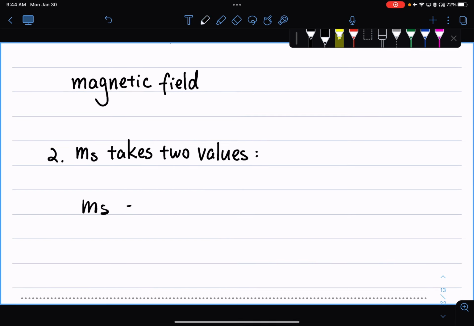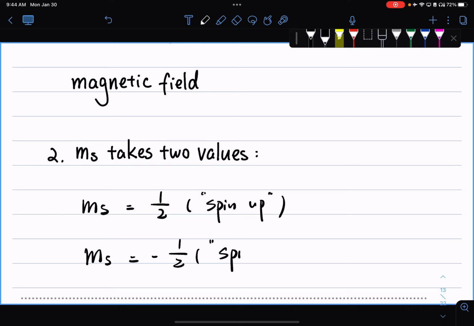For a hydrogen atom, it can either be 1/2, or what we call spin up, or it can equal -1/2, or spin down. We'll talk about that when we get to NMR spectroscopy at the end of the quarter, but the fourth quantum number is electron spin. And this is why every atomic orbital can take up to two different electrons, one spin up, one spin down.